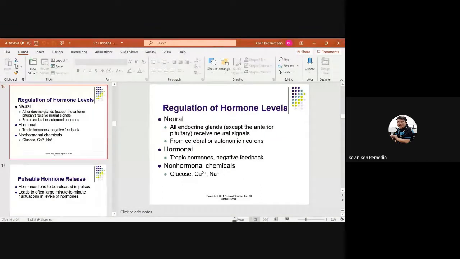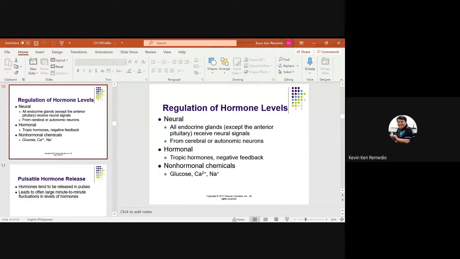So how are hormone levels regulated in our system? Okay? First is the neural regulation. Sa neural regulation, all endocrine glands except the anterior pituitary receive neural signals.